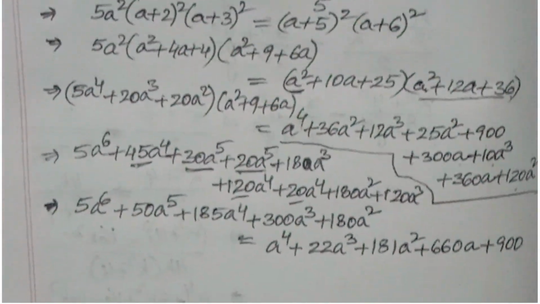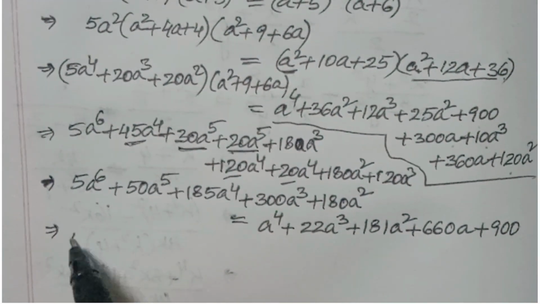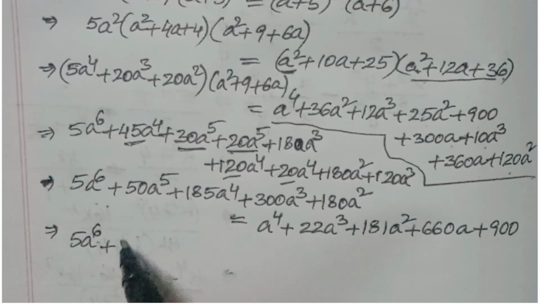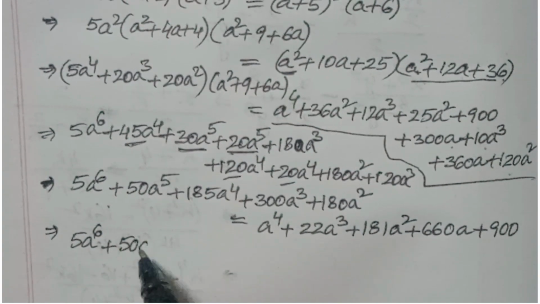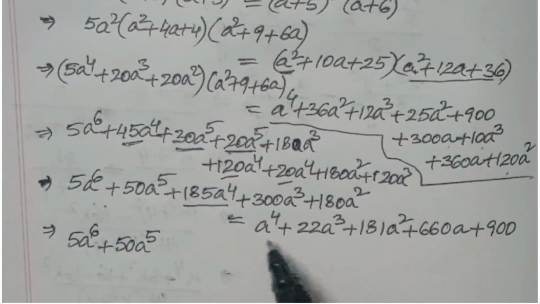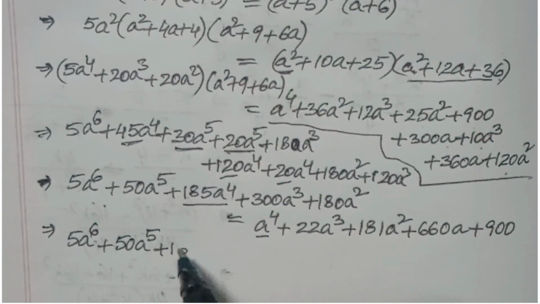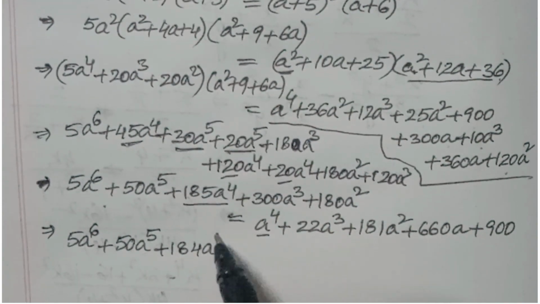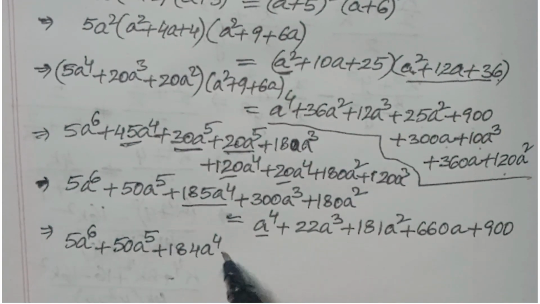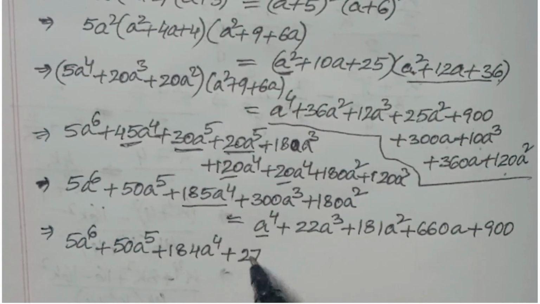Now send all the terms to that side. Here a^6 is not there, so 5a^6 we are having only one term. Now 50a^5 is also only one term. Then 185 minus 1, 184a^4; 300 minus 22, 278a^3.